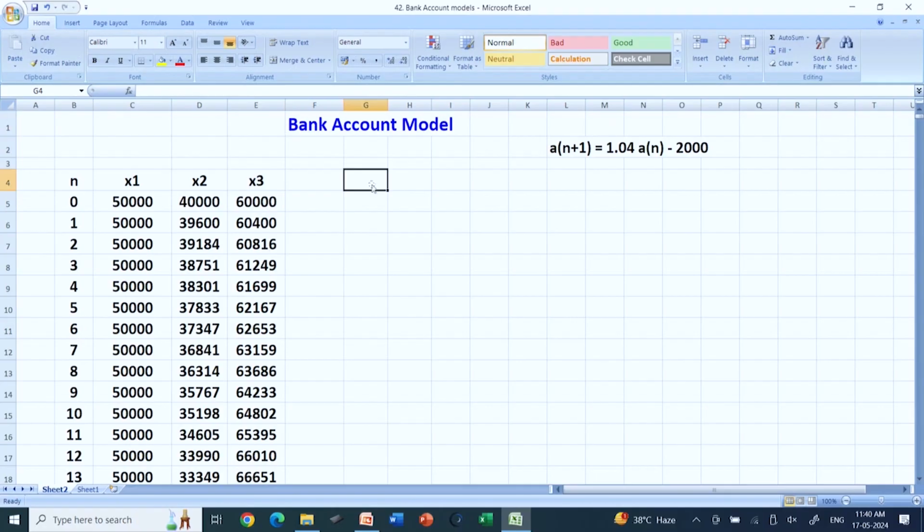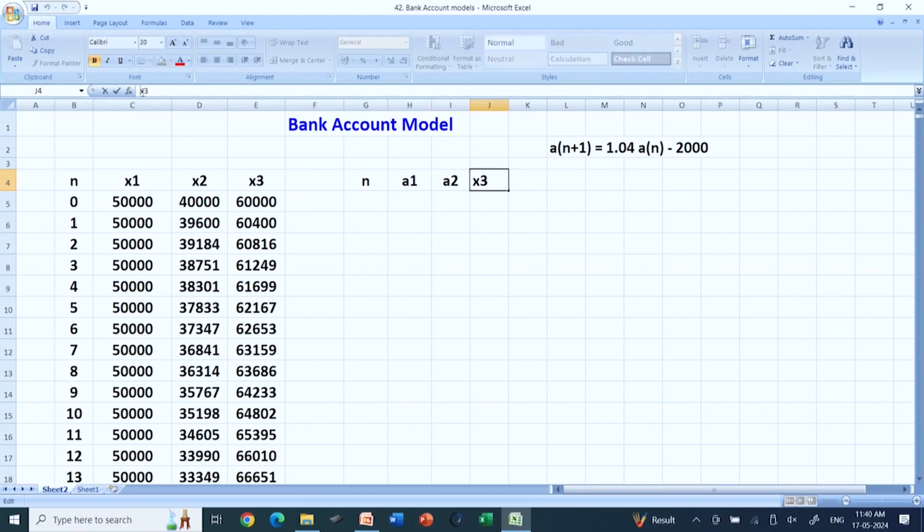So, this is my n. For x1, x2 and x3, I have three solutions here, or rather you can put it as A1 because we have taken the equation in the form of A, but I guess you understand that.